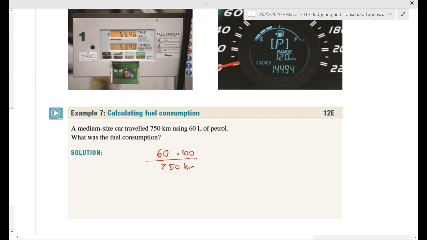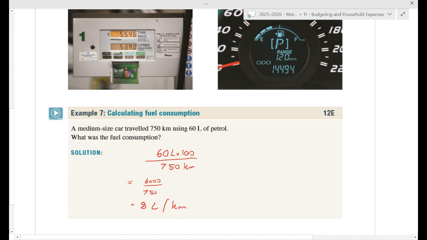And we'll just go kilometres, and I'll put the litres in there. So 60 times 100. I'm going to do it in bits so that it gets 6,000 over 750, which would give you 8 litres per kilometre.